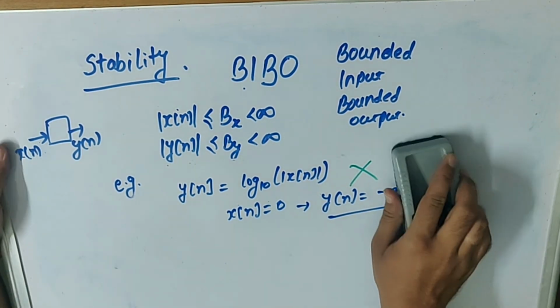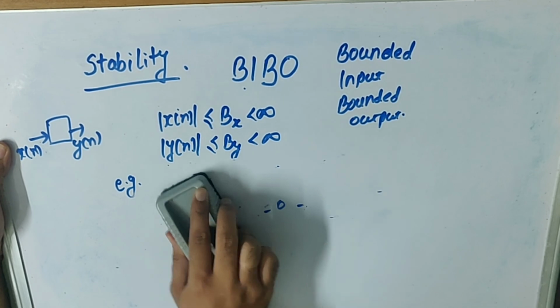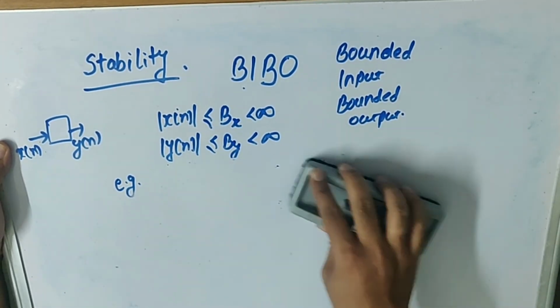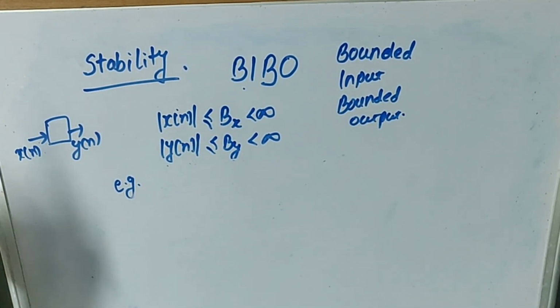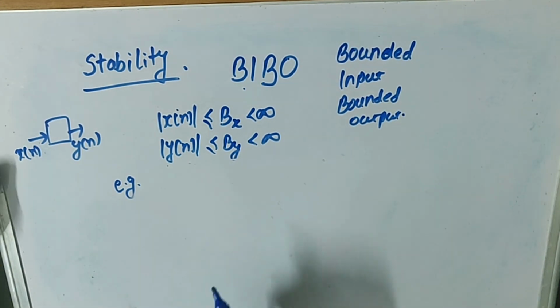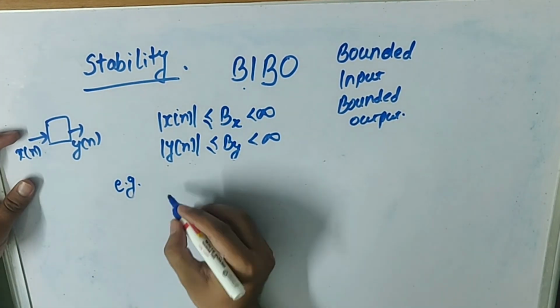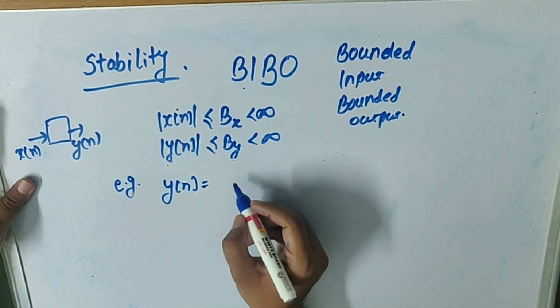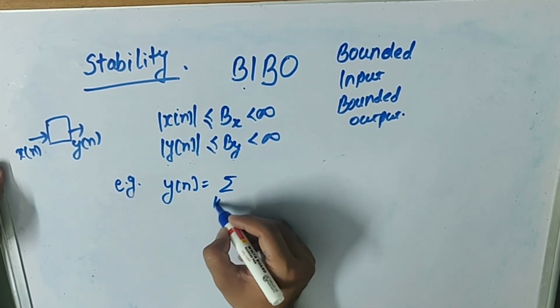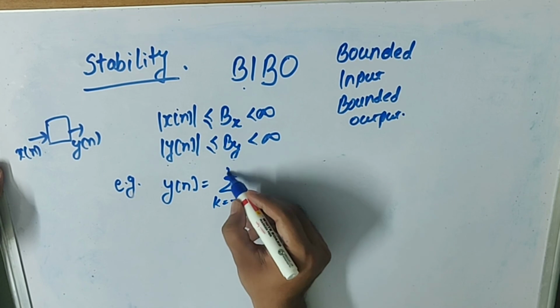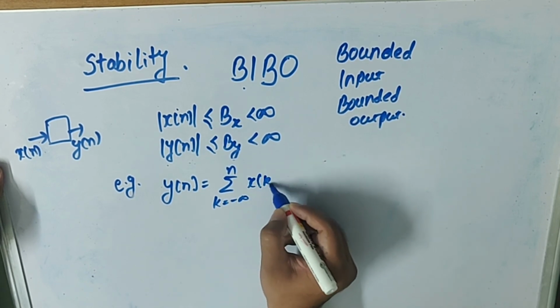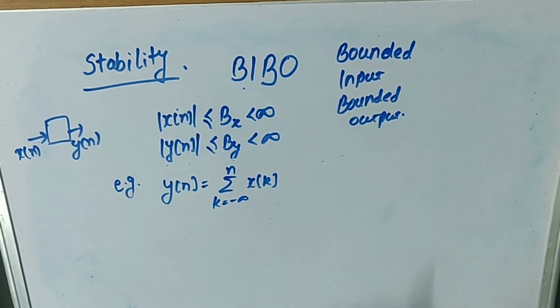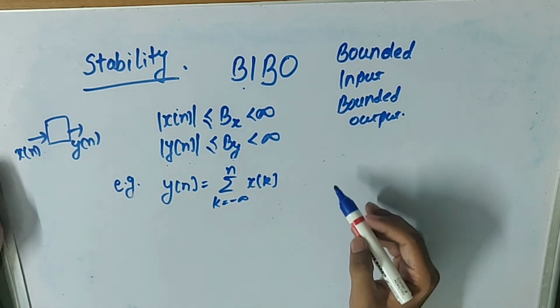So I would like to show you one more example which will be a little bit more detailed. Again, the same accumulator function. Okay, you remember the expression of the accumulator function. So we have to find whether the system is stable or not. So let's work on this.